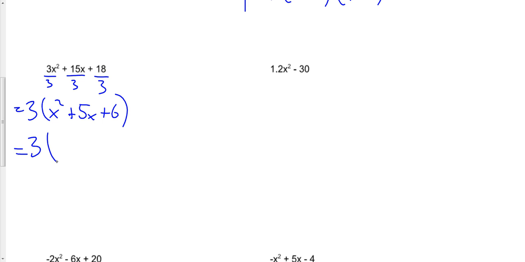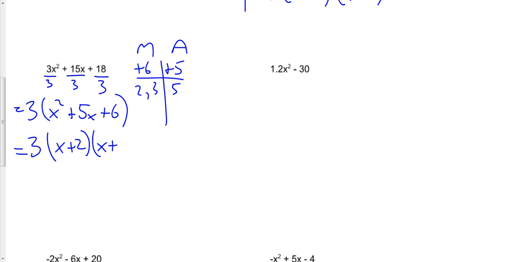So I'm looking for two numbers that are going to multiply to positive 6 and add to positive 5. And 2 and 3 happen to do that. So I'm going to end up with x plus 2 times x plus 3.